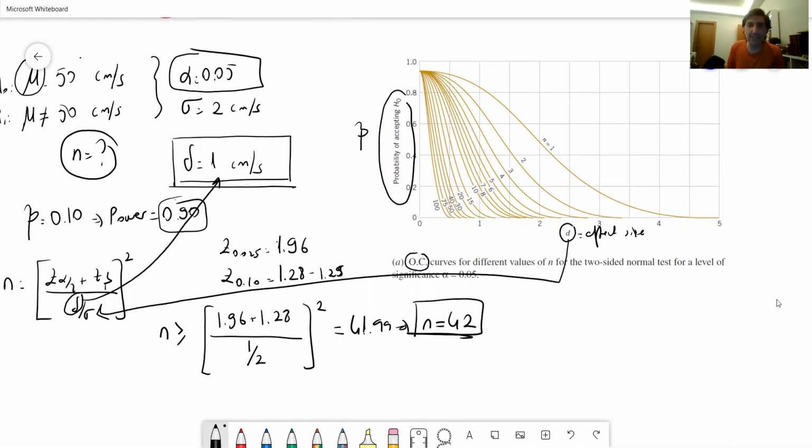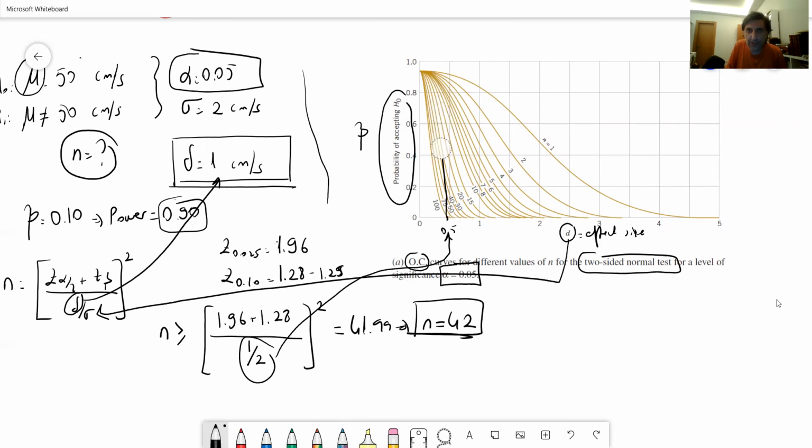So what we do is take a specific effect size, and here this is going to be equal to 0.5, that we are interested in. Note that these curves are for 0.05 alpha values for a two-sided normal test, which is exactly the case we are talking about. So for 0.05, you can draw a line like this.